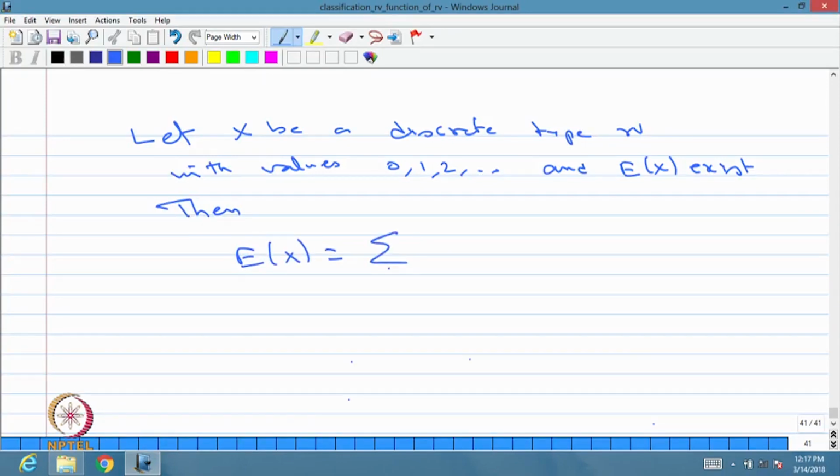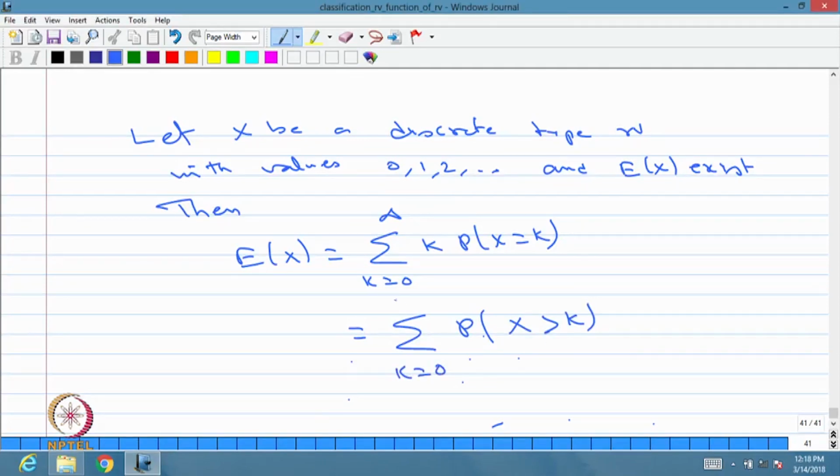By the definition, it is the summation of k times the probability of X equal to k, where k is running from 0 to infinity. By using the previous remark, we can conclude that this is the same as the summation of the probability of X greater than k, where k is running from 0 to infinity.